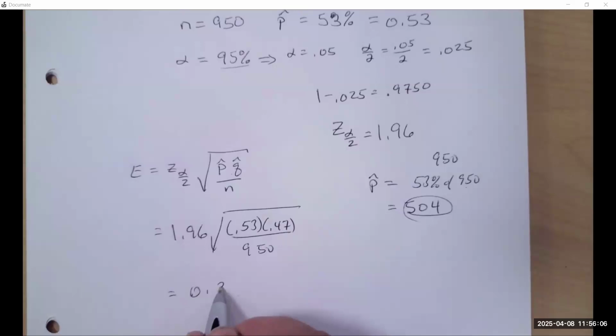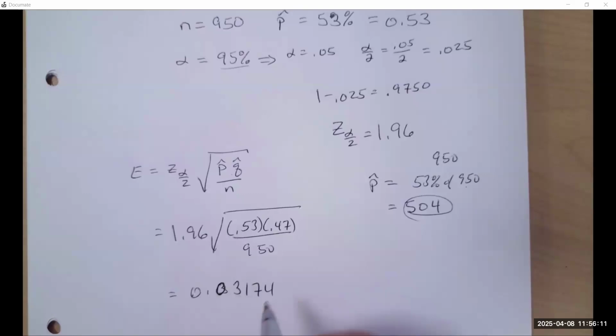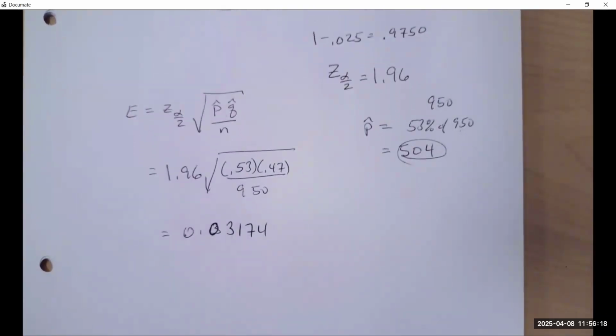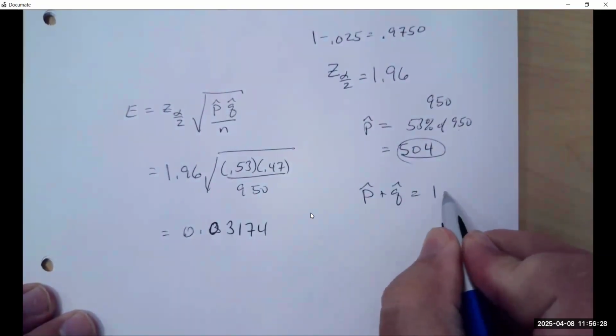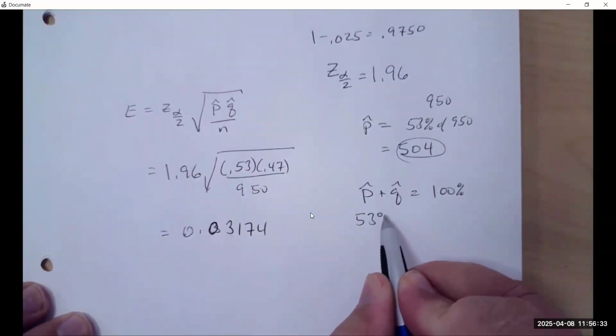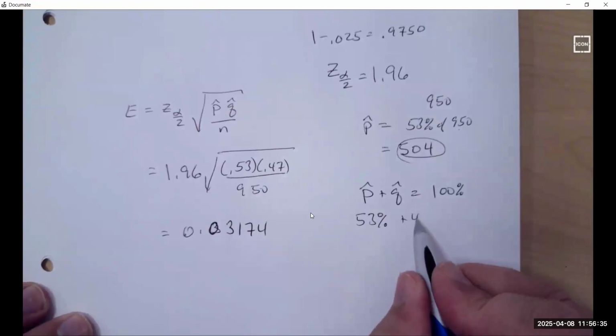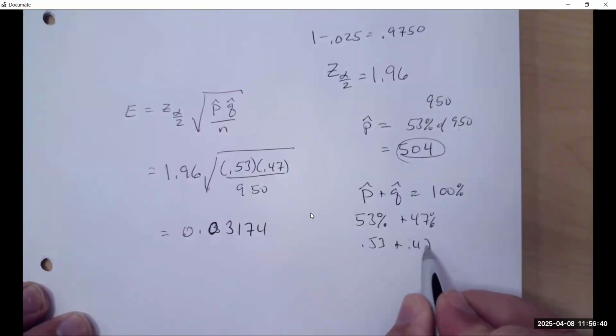That's 0.03174. Well, P hat plus Q hat has to equal 100%. So since P hat was 53%, then Q hat has to be 47%. 0.53 plus 0.47.